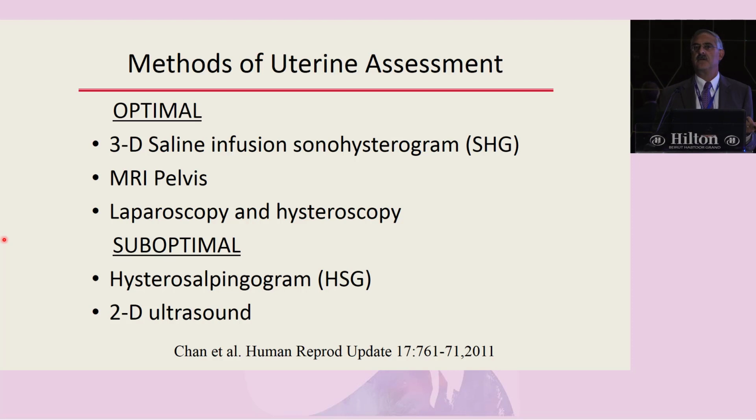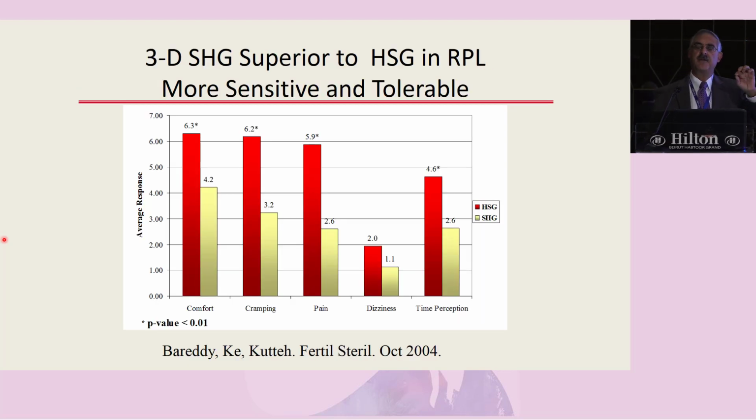Well, we would recommend doing the sonohysterogram in your office because it's easy. We did a study more than 10 years ago. In the red, the patient, the same month we offered them a hysterosalpingogram and a sonohysterogram in the same month. And then we had them do a test.